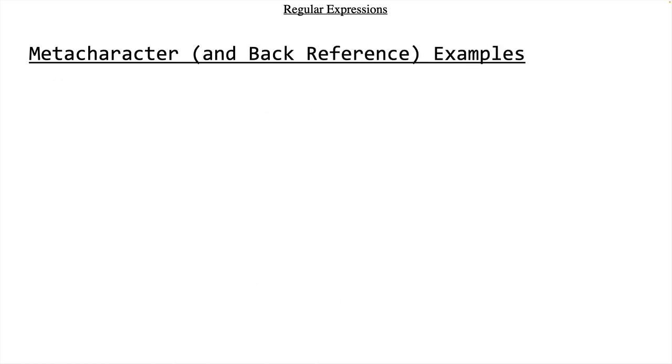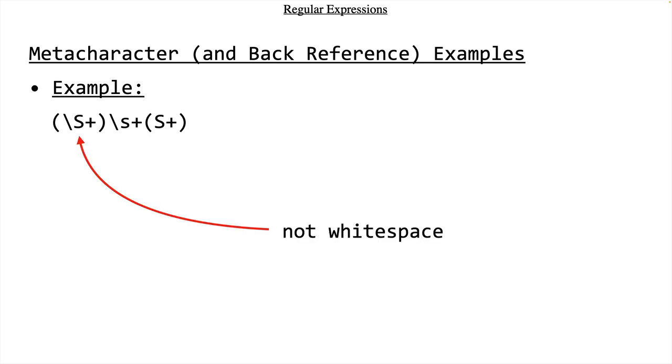Let's look at some examples of meta characters, and I'm also going to throw in some examples of back references as well. So the first example looks like this. If we look at that first part, \S+ means one or more characters of non-white space.